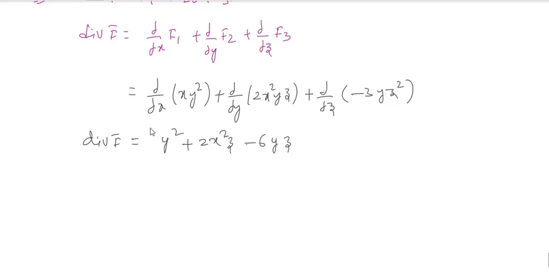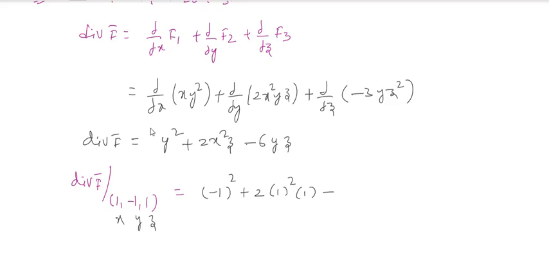And they are asking for the divergence of f bar at the point 1 comma minus 1 comma 1. Just directly substitute these values. This is x, y and z. So y square is minus 1 square, plus 2 into x square, which is 1 square, times z which is 1, minus 6 into y which is minus 1, z is 1.